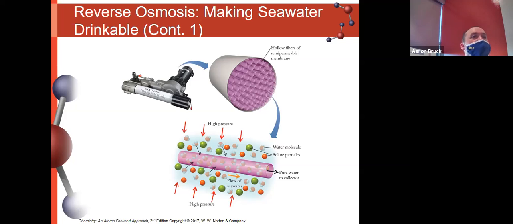We want to go from pure to impure to try to make that side more dilute. If I put enough pressure on it, we'll actually take the impure, push it through that membrane, and we get pure water coming through on the other side. This is how companies like Aquafina take tap water, run it through a filter about 5-6 times, and then sell it to you as purified water.